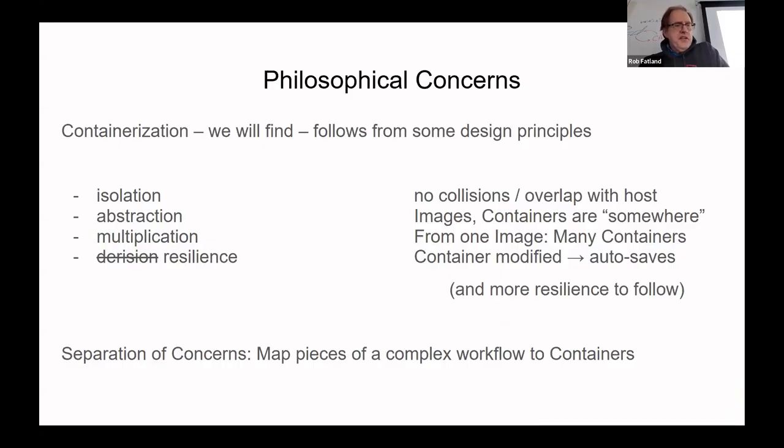Let's see. So isolation, I've already talked about. Abstraction, I've already talked about. Multiplication, taking one image and creating a whole bunch of containers. And then the resilience I've also talked about. So, sort of touched on a bunch of these topics.